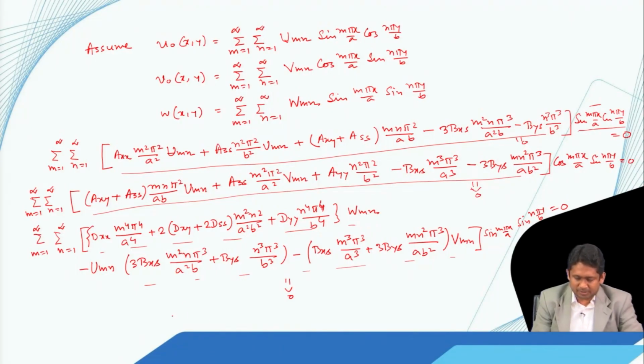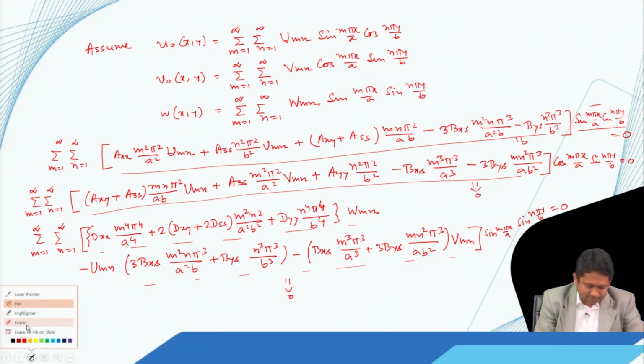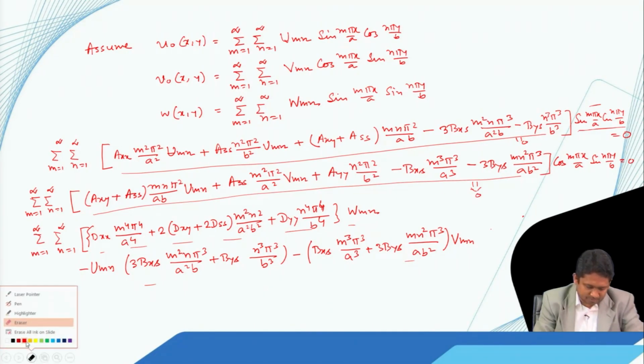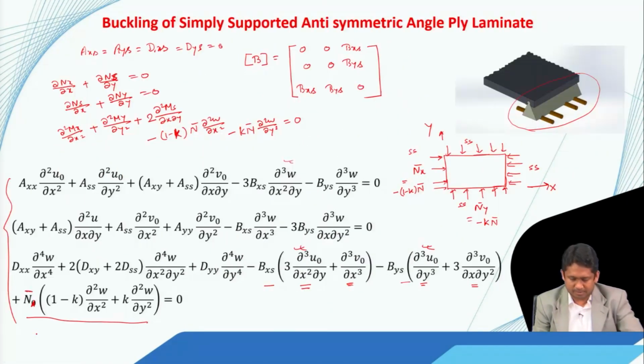Now for each combination of m and n we get 3 equations, and the buckling terms are also missing, which we need to finish. There are terms which will come from this, which we also have to write.